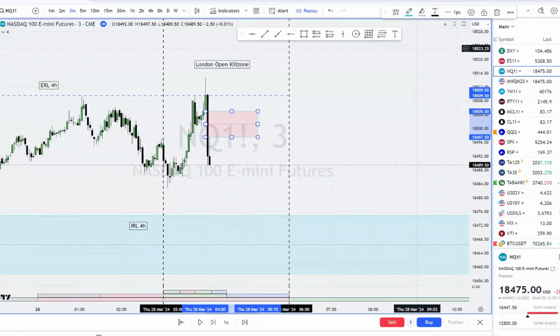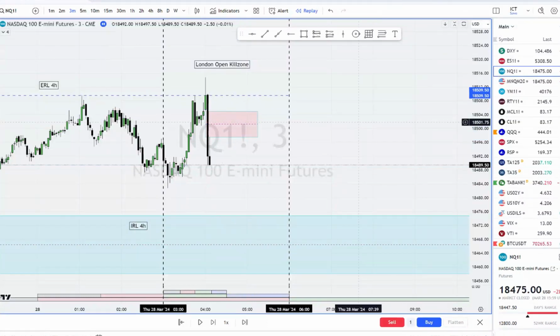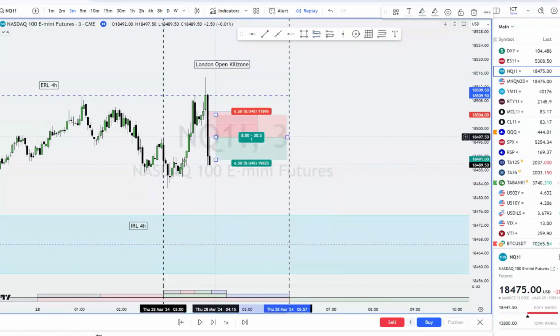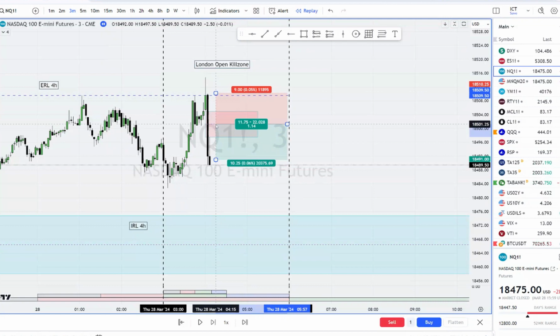And based on your entry technique, you can say, hey, I have a fair value gap, this is my entry. You can take a trade from the lower level of this fair value gap, or you can take a trade from the 50% of it. Usually I'm taking a trade from the lower level, and your stop can be up high, on the high of the candle body, depending on your style.